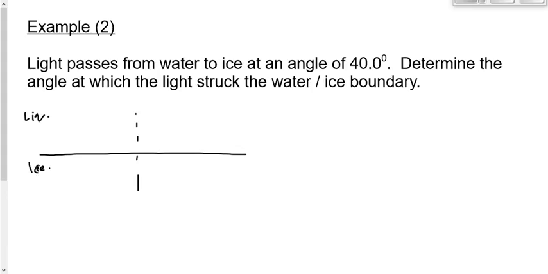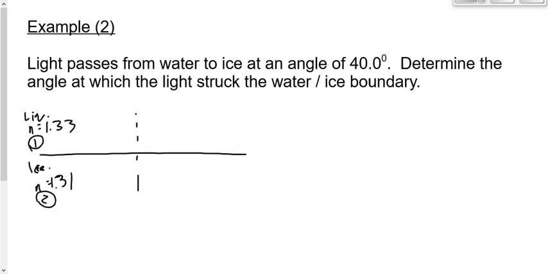The index of refraction of the liquid water is 1.33. And of the ice, it's 1.00. Let's call this medium 1 and medium 2. So we're going to say n1 is 1.33, n2 is not 1.00, 1.31 it should be.